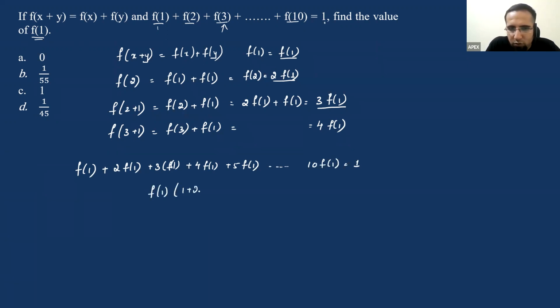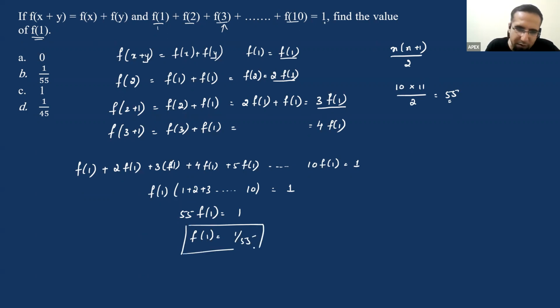I get 1 plus 2 plus 3, and so on till 10 is equal to 1. Now the sum of first n natural numbers is n into n plus 1 divided by 2. So the sum of first 10 natural numbers becomes 10 into 11 divided by 2, which will be equal to 55. So we get 55 times of f of 1 is equal to 1, or we get f of 1 is equal to 1 by 55.